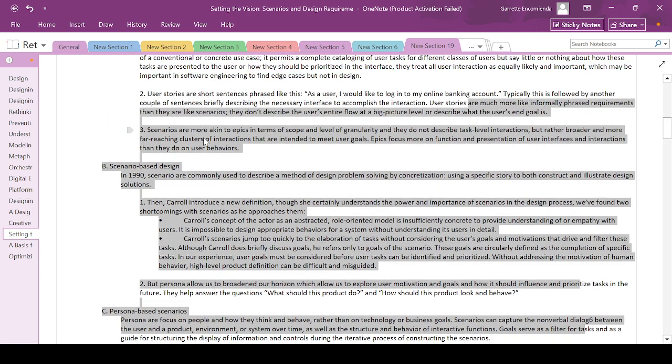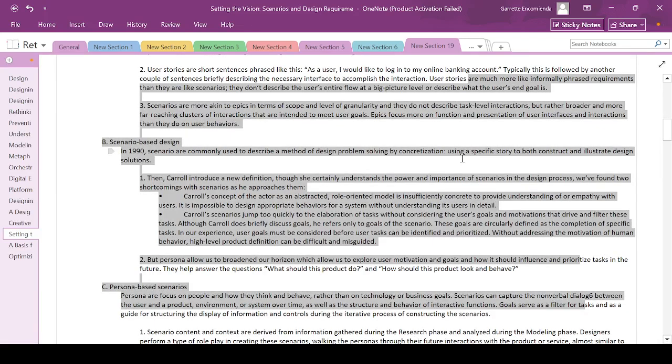but rather in broader and more far-reaching clusters of interactions that are intended to meet user goals. Remember, users are far more complex than we initially thought, especially for these interactive products, which encompass different transactions at different life cycles of different customers at different times. Epics focus more on the function and presentation of user interfaces and interactions than they do on user behaviors.